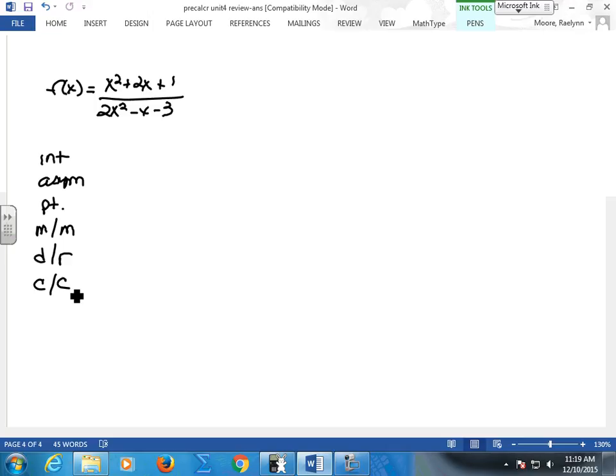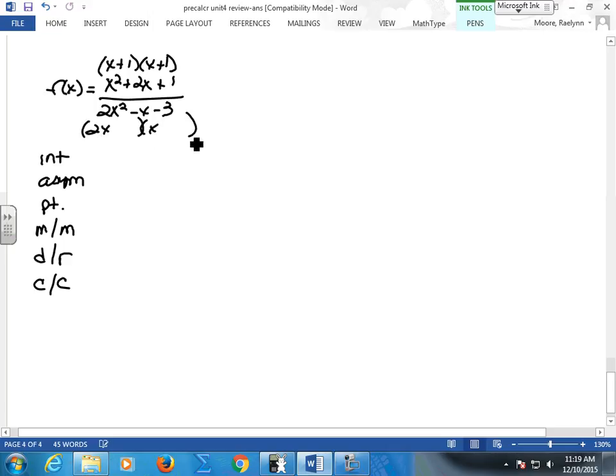Okay, can I factor this numerator? Can I factor the denominator? I have a 2x, I have an x, I have a 3 and a 1.